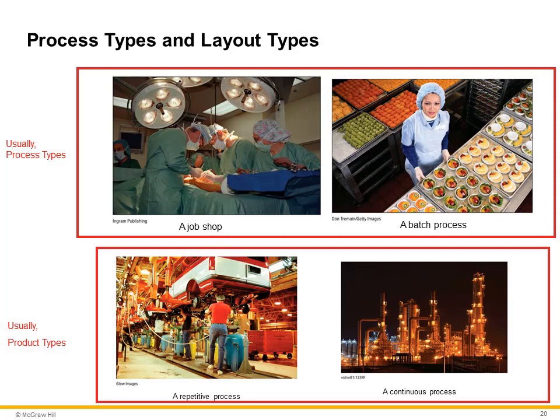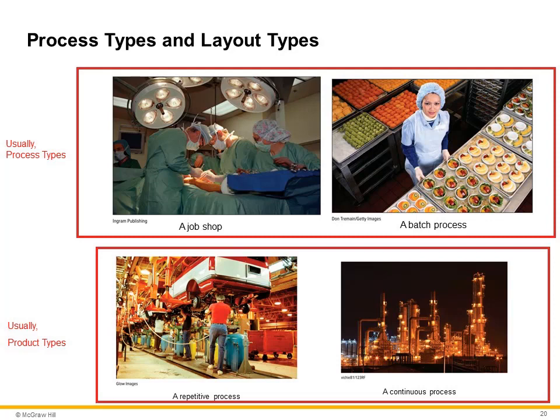So the first two, job shop and batch process, are usually process types. And the third and fourth ones, assembly process and continuous process, are product types.